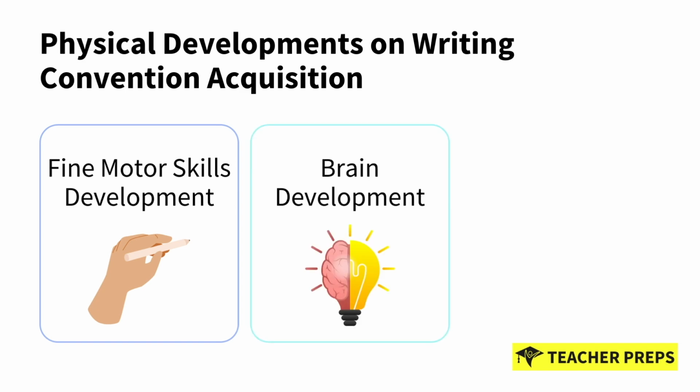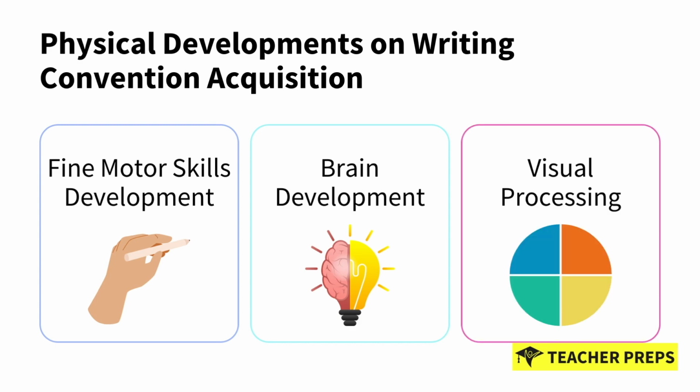Brain development, as the brain matures, so does its ability to process complex tasks like sentence construction, pronunciation usage, and paragraph organization. And then visual processing, which is the improved ability to distinguish between letters, words, and pronunciation. This helps in the recognition of spelling patterns and pronunciation norms.